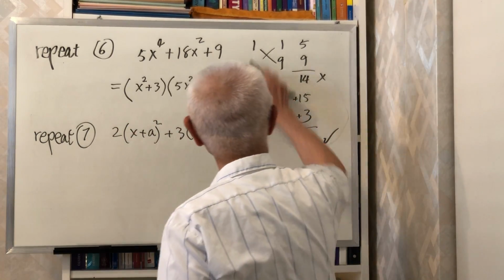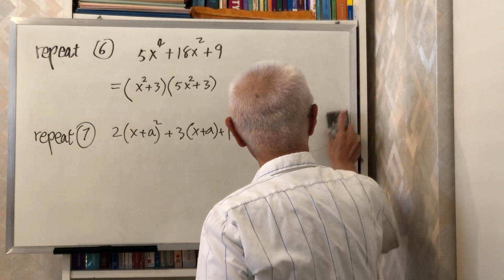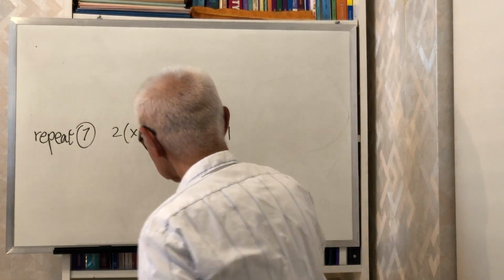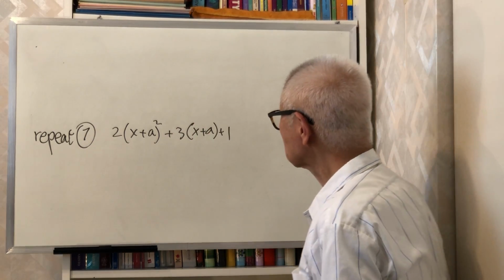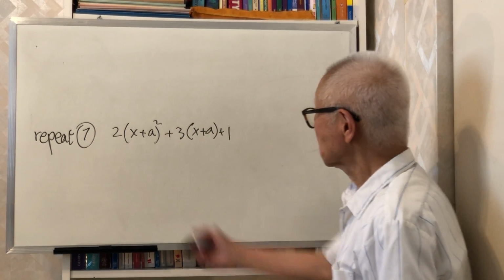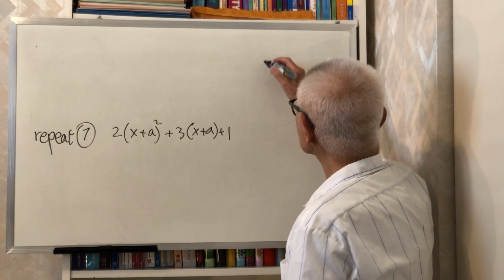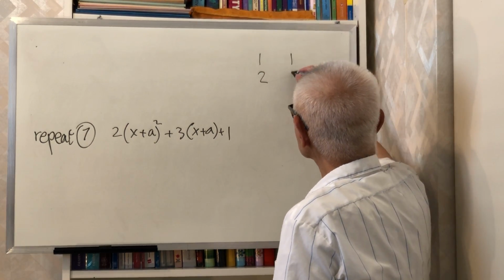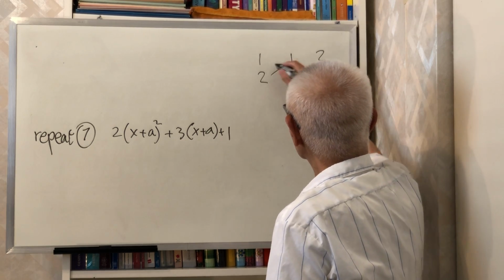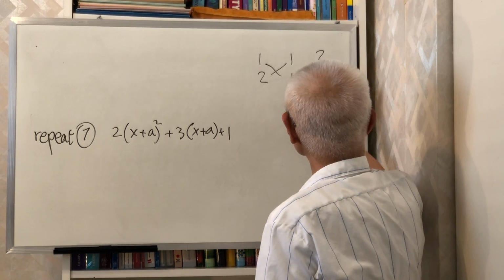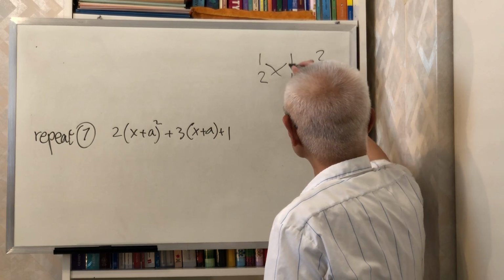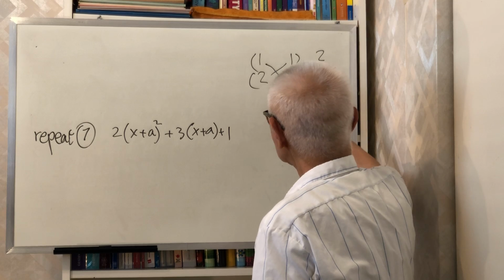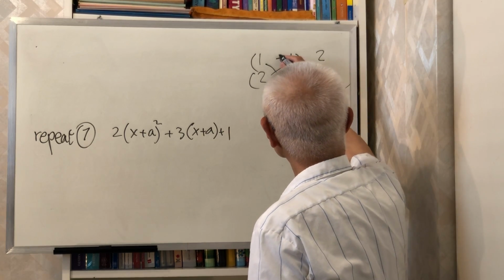So let's see. 2 is 1 times 2. 1 is only 1 times 1. So 1 times 2 is 2. 1 times 1 is 1. I add, get a 3, so that's it. So that's my bracket. And everything is plus.